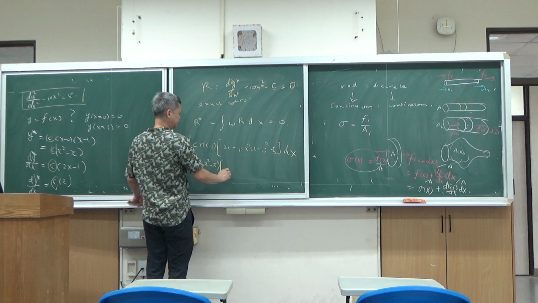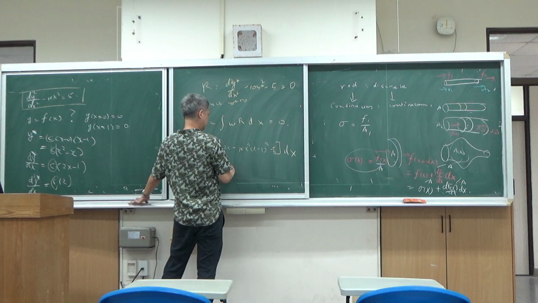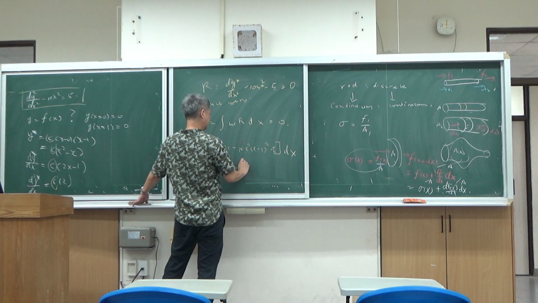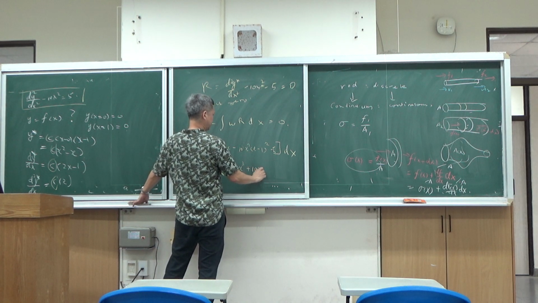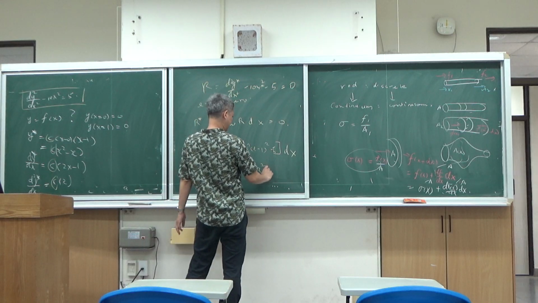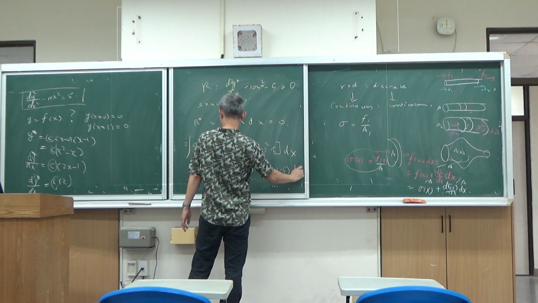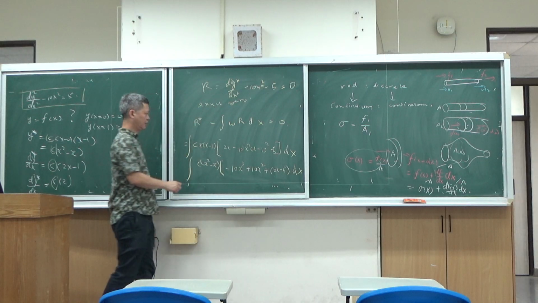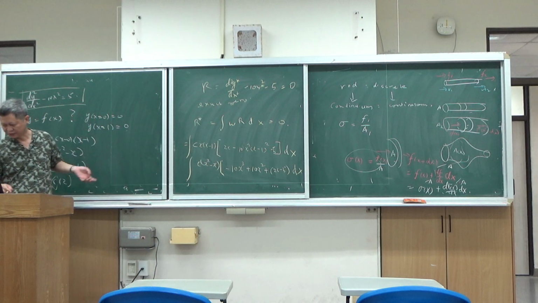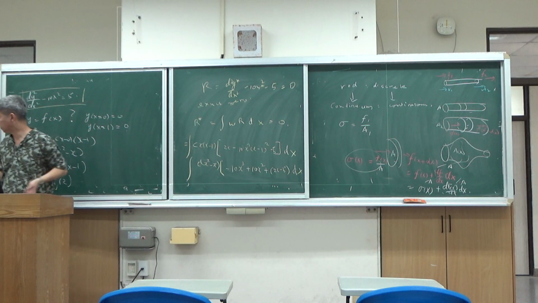The expression is minus 10 x cubed plus 10 x squared plus 2c minus 5, dx. So this is a complex expression, not to worry.